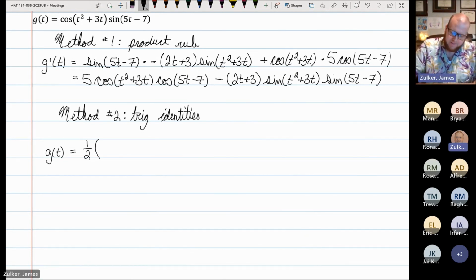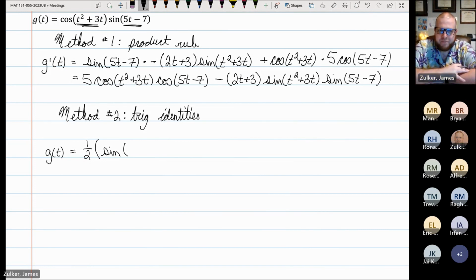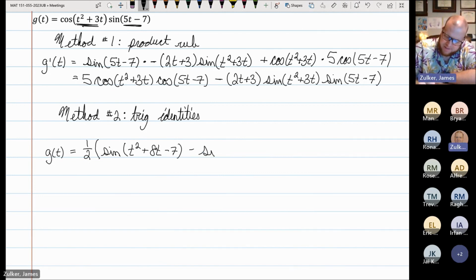Using that identity, we can rewrite this as 1/2 times the quantity of sine of t squared plus 3t plus 5t minus 7, minus the sine of the difference now.